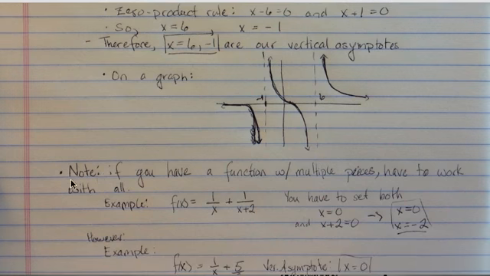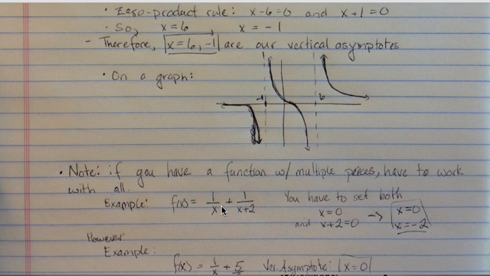So as a general note, if you have a function with multiple pieces, you have to look at both of them. What I mean by that is, for example, in this function, you have 1 over x, and you have another piece that's 1 over x plus 2. You have to figure out where the denominator is 0 for both pieces.